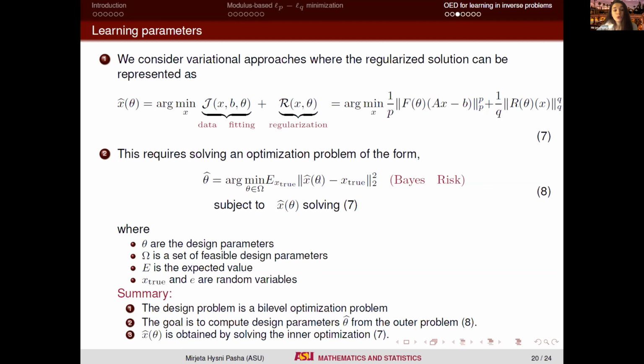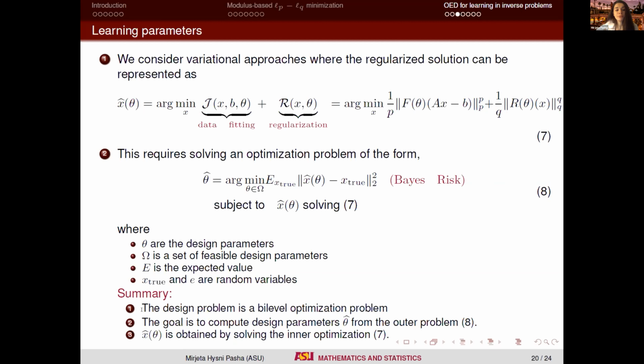What we use is a bi-level optimization, where we try to minimize the Bayes risk, subject to finding the solution that solves this minimization problem. The design parameters here are those theta, and it's the expected value, and we model the true solution and the noise as random variables.